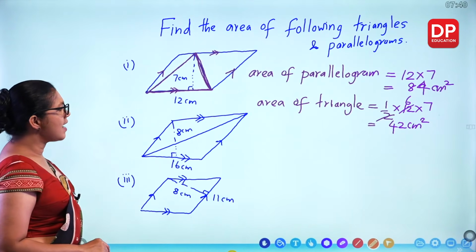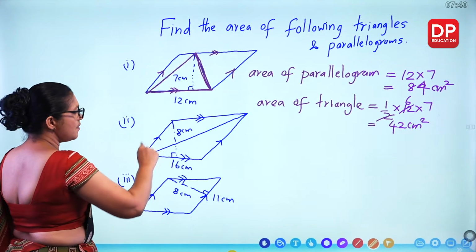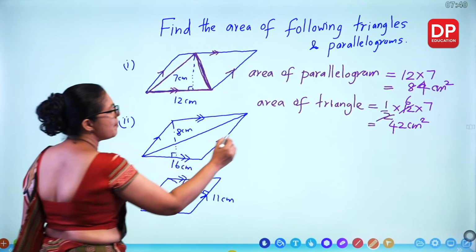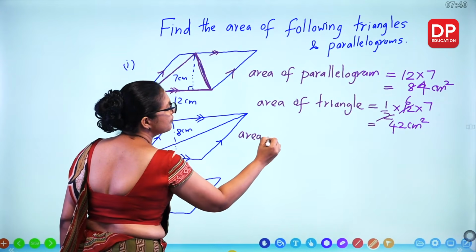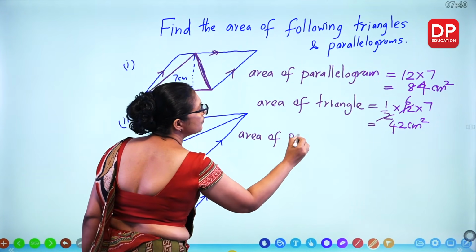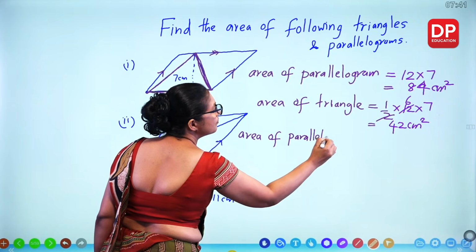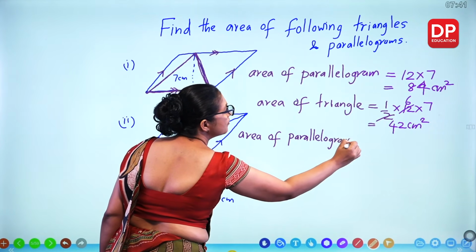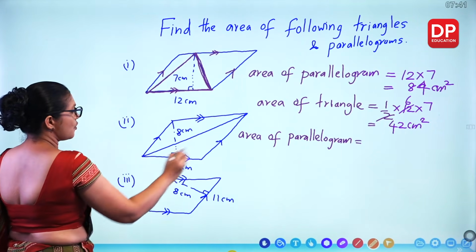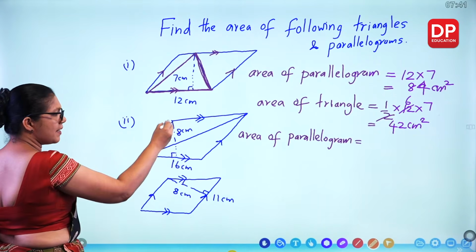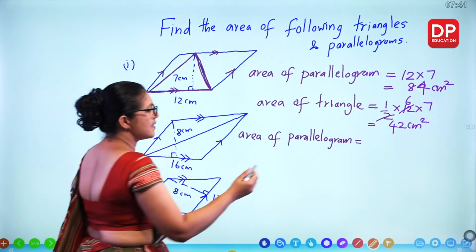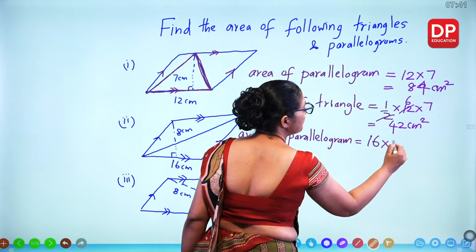Again, we'll look at this diagram. This is a parallelogram. What's the area of the parallelogram? So base is 16 and the perpendicular height is given as 8. 16 times 8.